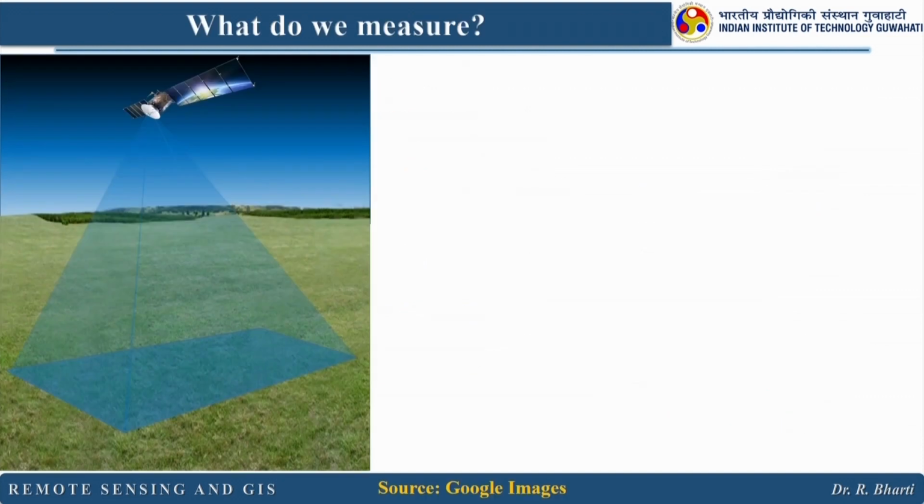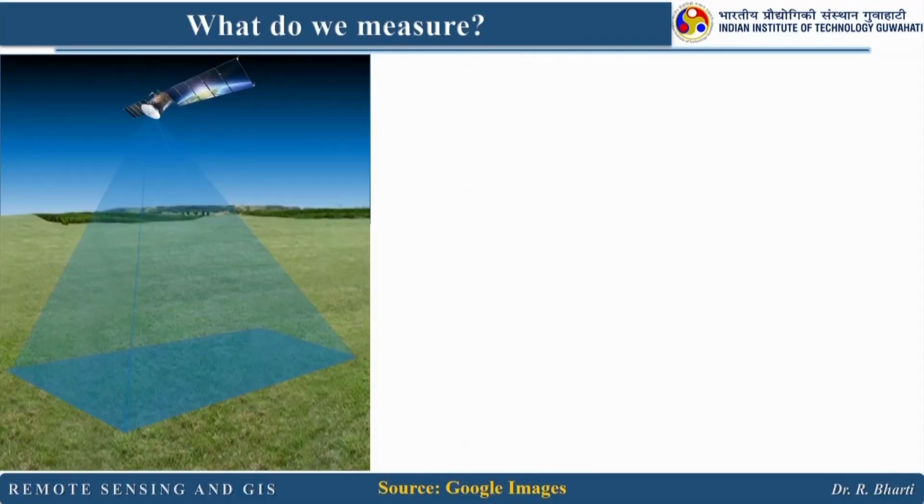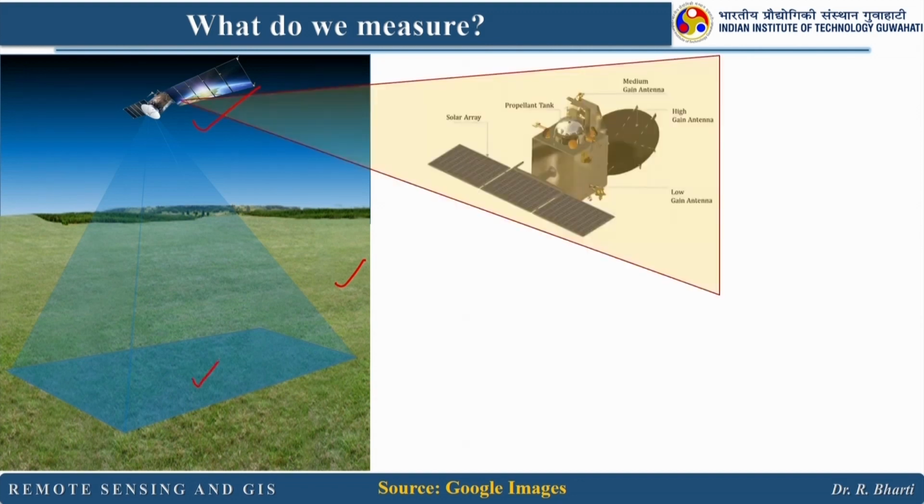Now, you have to understand what we measure. You can see this particular area is sensed by a satellite or attached sensor, covering this particular area, and here you have the projected one, showing what is there in the satellite. In satellites you have many sensors attached.